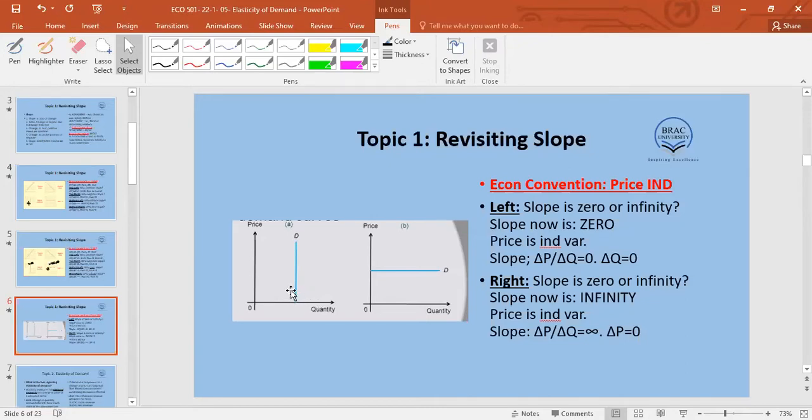That means the slope will be 0. Why? Because price is now on the vertical axis. That's it. This is an infinitely elastic demand. But if we are mathematically wired, we will be looking at this second one in reference to the quantity axis. But now the quantity axis is not the dependent variable. The independent variable is the price axis.